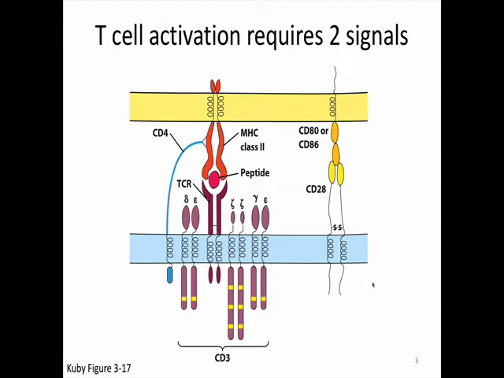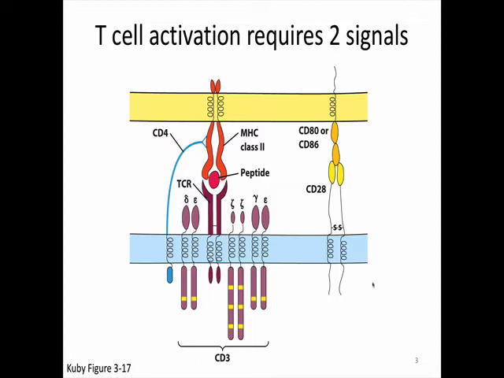So we talked about that whole signaling process last time. That's all signal 1. Our T cell also has a protein on its surface called CD28. And not only does our T cell need to get a signal through its T cell receptor in order to be activated, that T cell also needs to get a signal through CD28 to be activated.